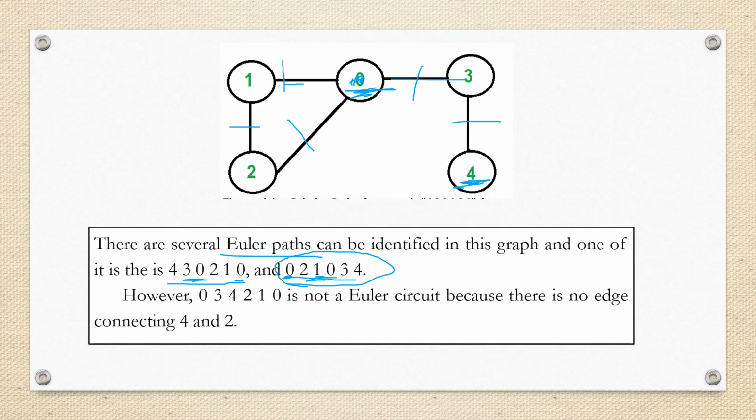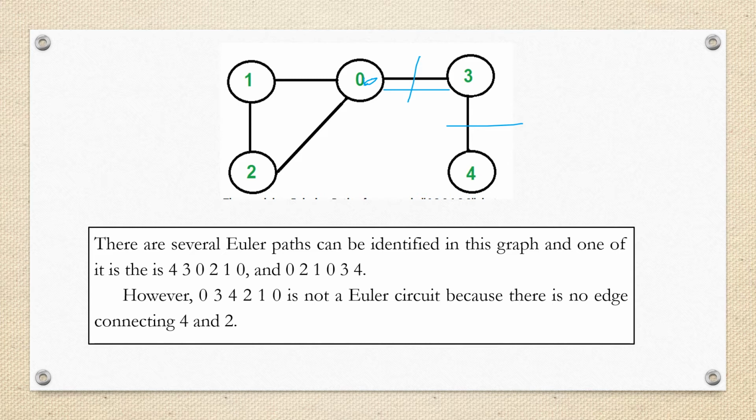This one, 0, 3, 4, 2, 1, 0, is not an Euler circuit. Let's see. 0 going to 3, so we use this edge. Then from 3, we go to 4, we use this edge. And then 4 to 2.